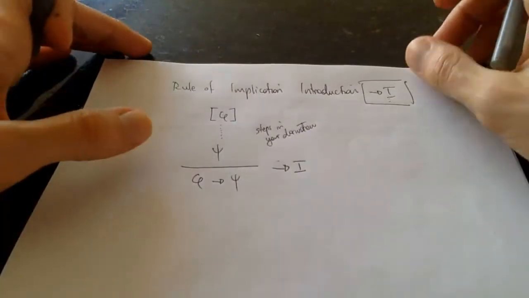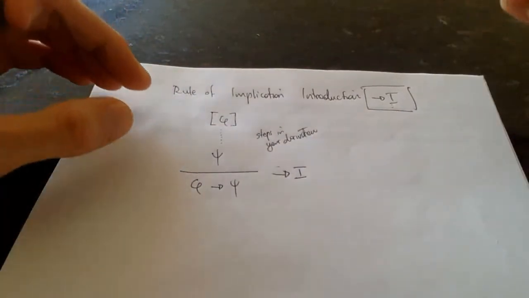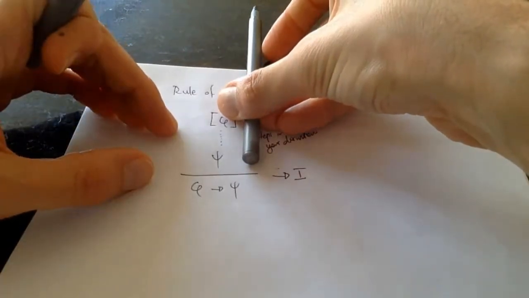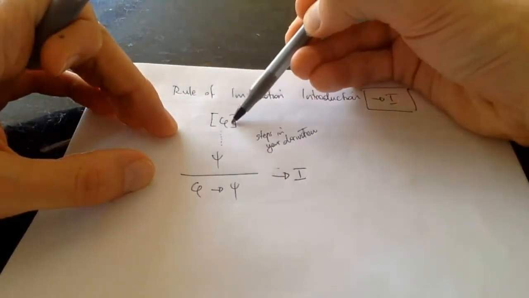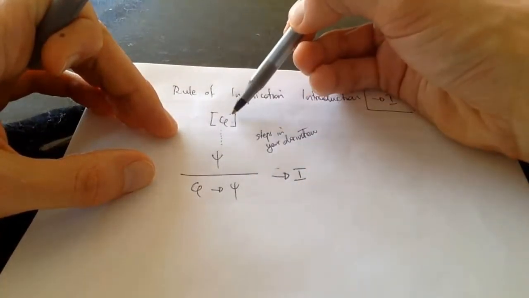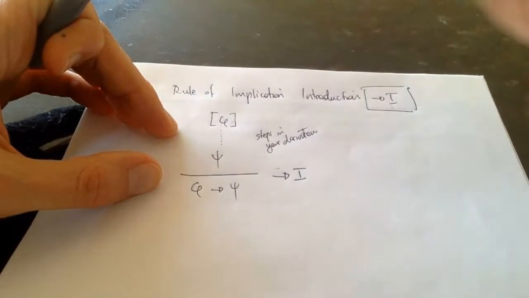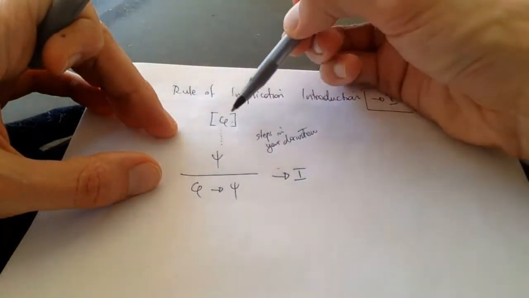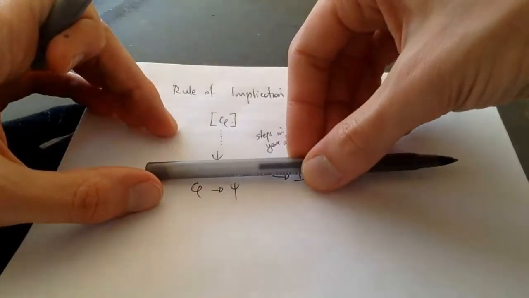There are a couple of things to note here. The first thing to note is that we have here a horizontal arrangement where you have phi as your assumption, and then psi as the end of your derivation right above the line.